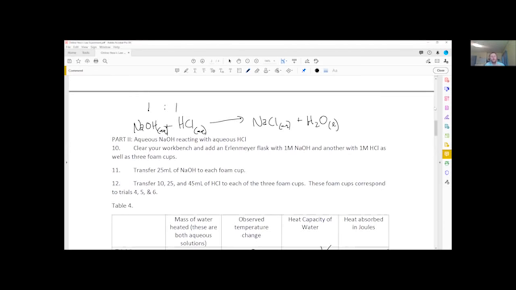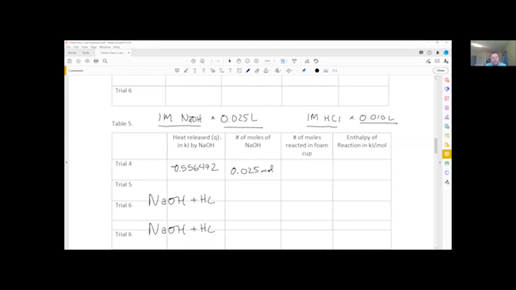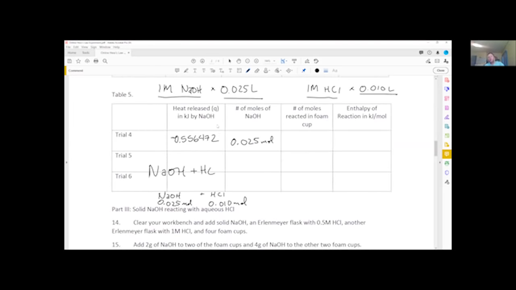Now, 0.1 moles of sodium hydroxide, how much HCl does that need? That needs 0.1 moles. So 0.025 moles of sodium hydroxide needs exactly 0.025 moles of HCl. Do we have that much? No, we don't. We have less than that. Therefore, we can identify HCl as the limiting reactant.